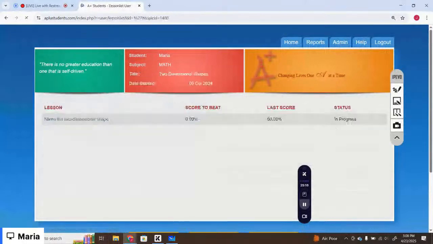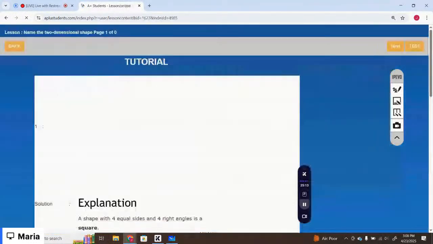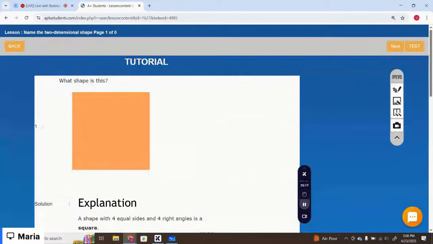Name the 2-dimensional shape. Let's start with the lesson. What shape is this? The shape has 4 sides.